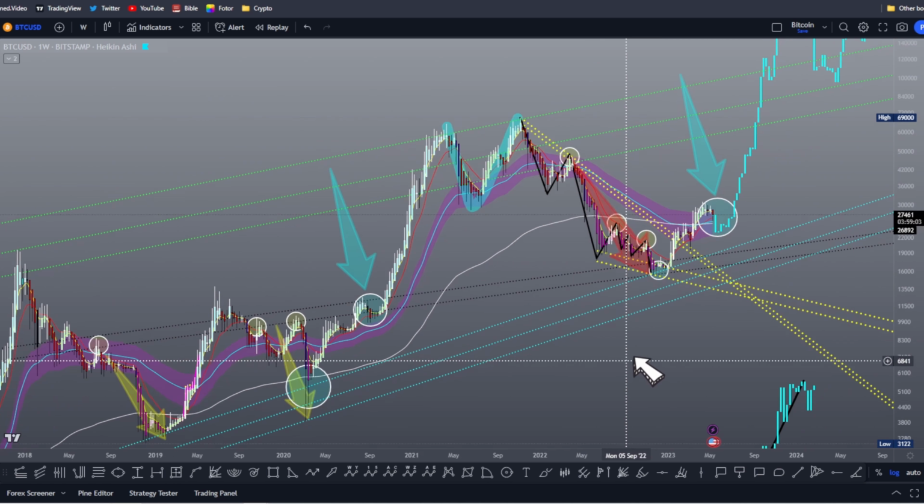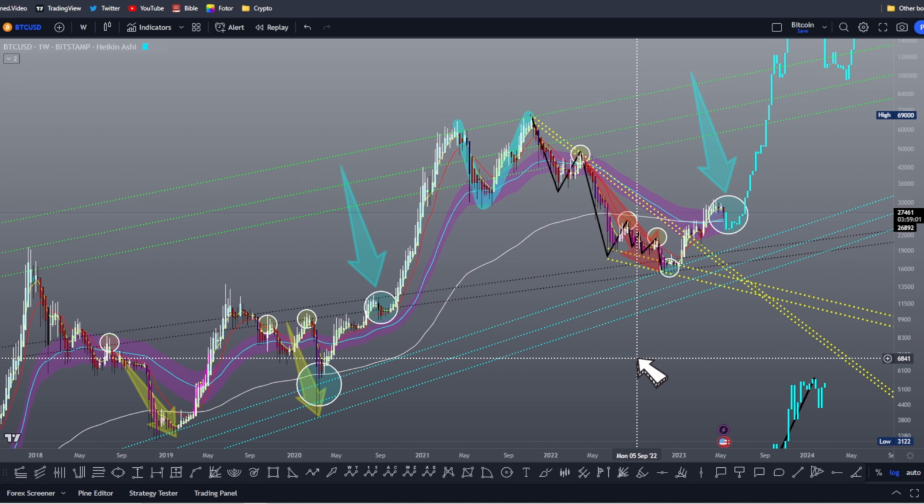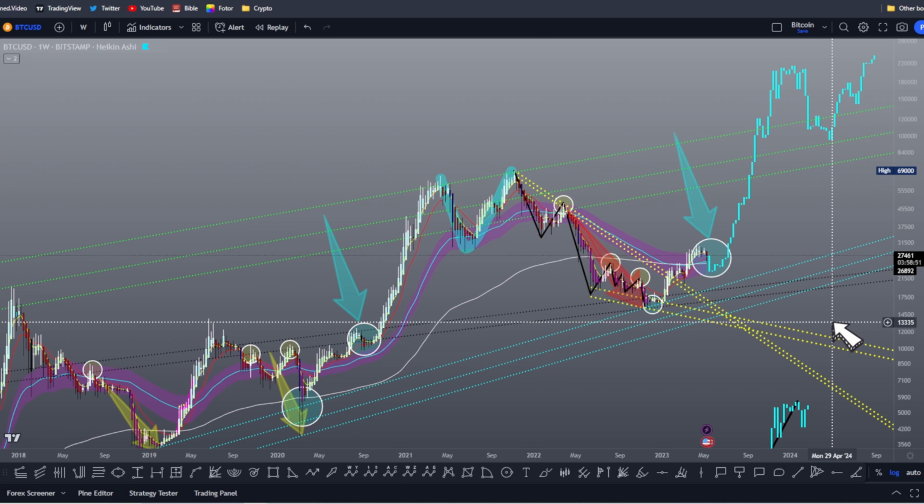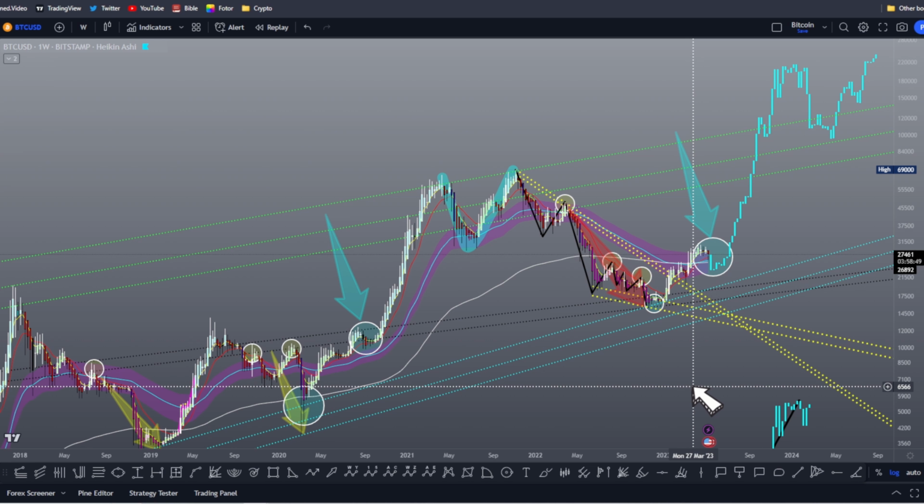Obviously, the fluctuation of people buying and selling throughout the history of a chart is going to dictate the movement to a degree. But I'm solely talking about Bitcoin here, and cryptocurrency in general, but mainly Bitcoin.